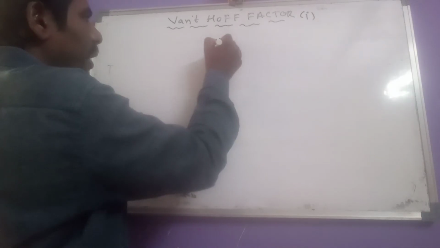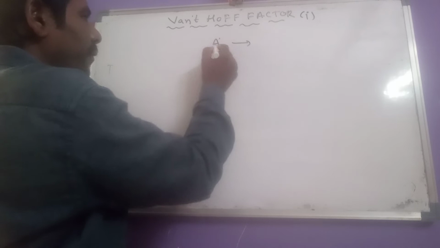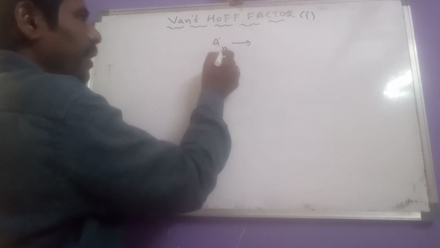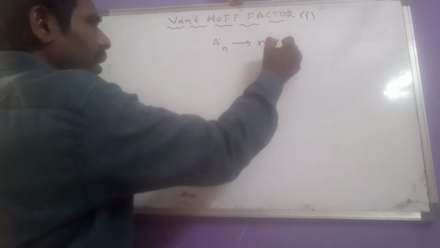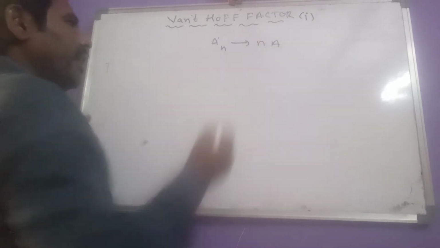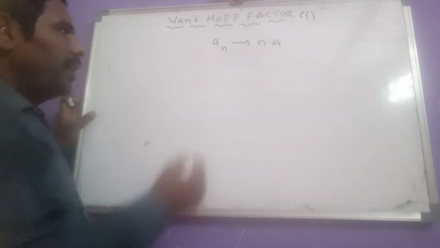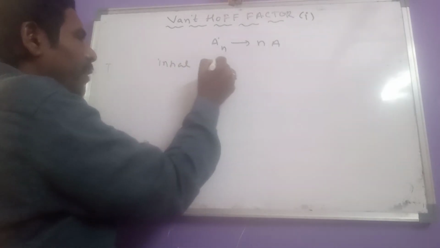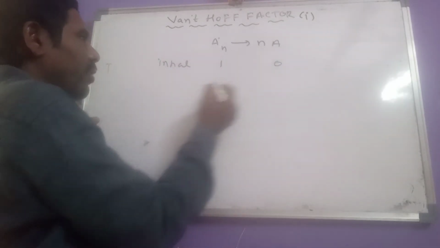For example, AN is a weak electrolyte. On dissociation it gives A and N. Now initial moles, how many have we taken? 1, and this is 0.